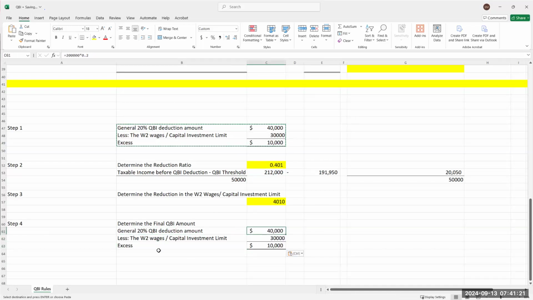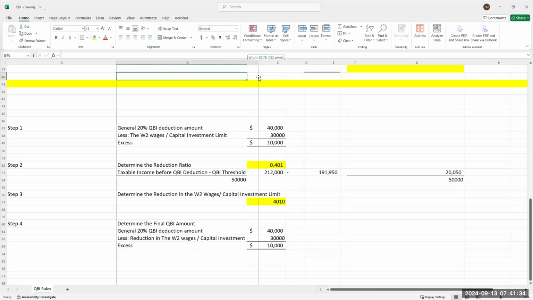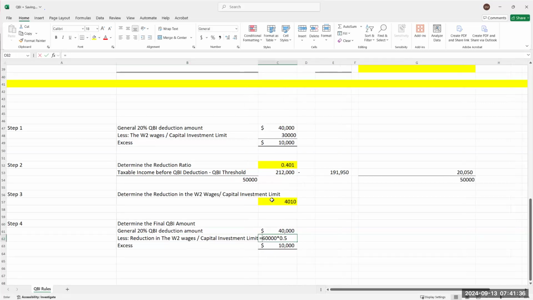So the general QBI deduction amount, which is 40,000, less the reduction in the W-2 wages capital investment limit, which we just calculated up above, is 4,010. So therefore, the final QBI deduction amount is 35,990.